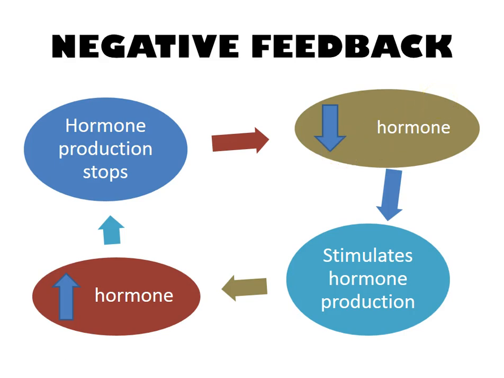When it gets to a certain threshold, it will stimulate the body to produce more hormones, which then gives you a rise in the hormones, and then it gets to, again, another threshold at which the body stops producing it. And that's in a perfect system. But you'll obviously see when we later talk about some disorders that there is some interruption within that negative feedback loop.